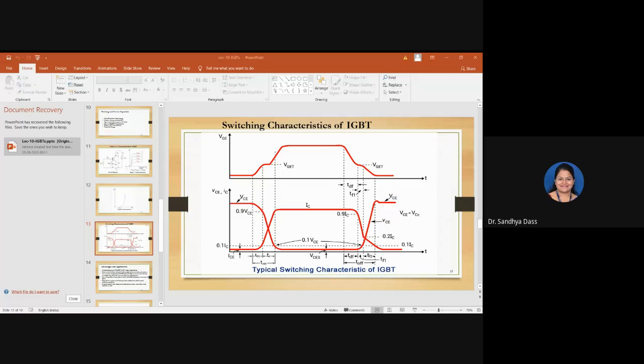And T off is the time where the device will switch from turn on to turn off. So if we understand how much time it is taking to turn on and turn off, that is where you are identifying T on time and T off time. That is nothing but interpreting the switching characteristics.